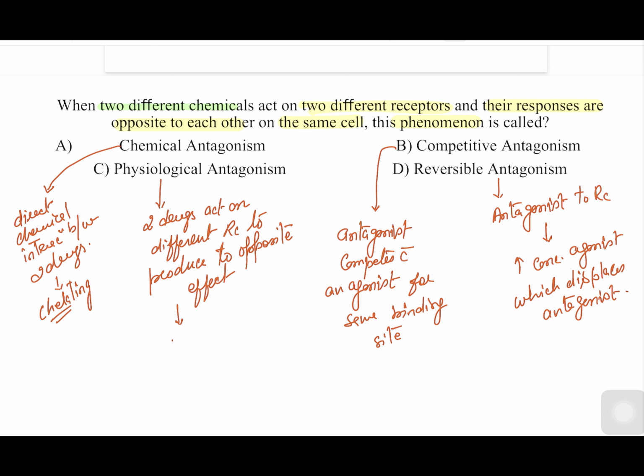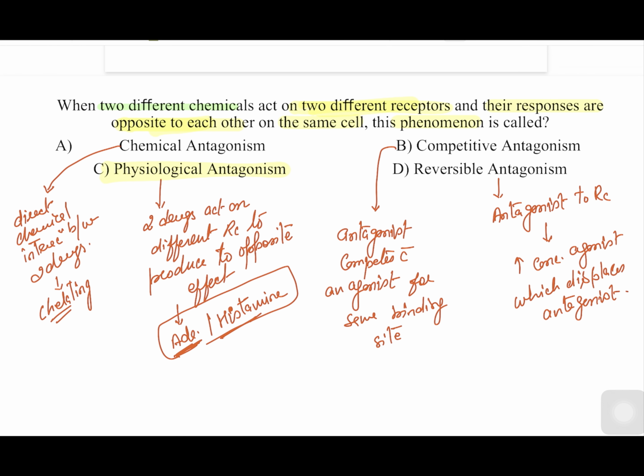For example, adrenaline and histamine. Adrenaline causes vasoconstriction and histamine causes vasodilation. So these are physiological antagonism.